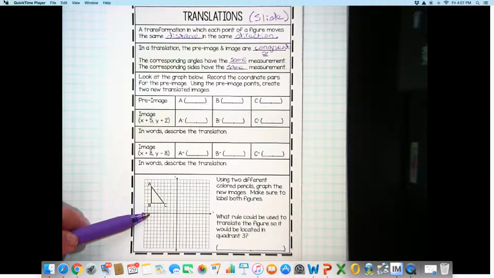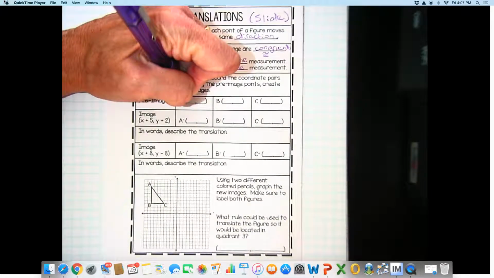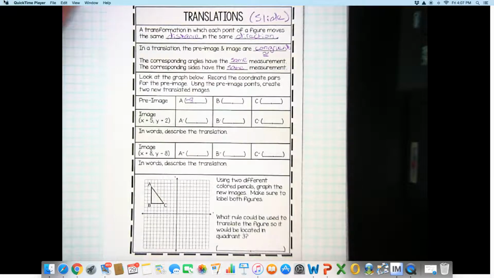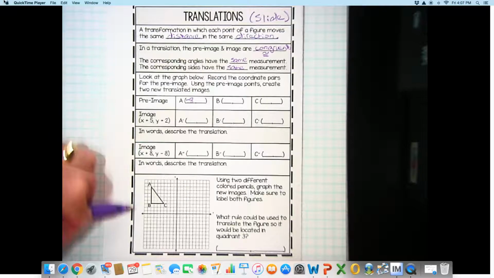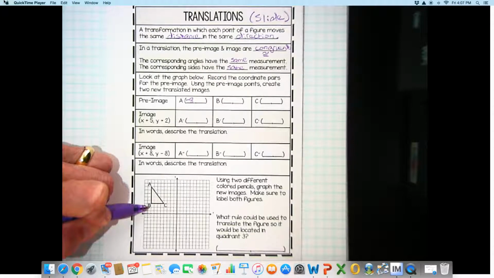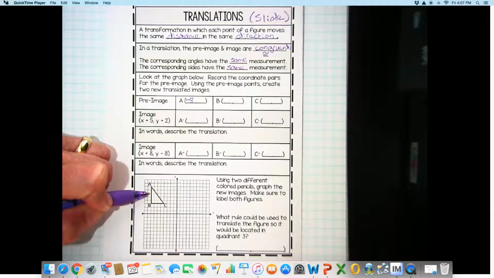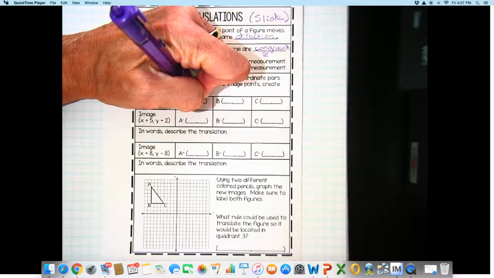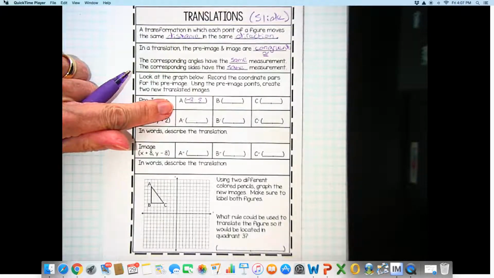So if we go left 8, that means we go negative 8. And how do we get up to it? We have to go up 1, 2, 3, 4, 5, 6, 7, 8. So since we went up 8, that would be a positive 8. So the ordered pair for A is negative 8, 8.